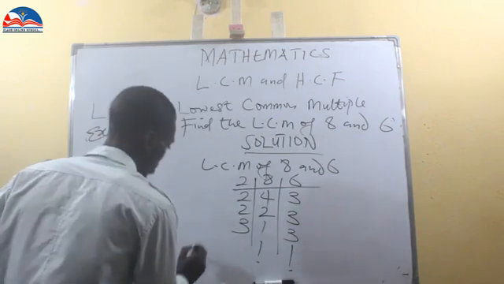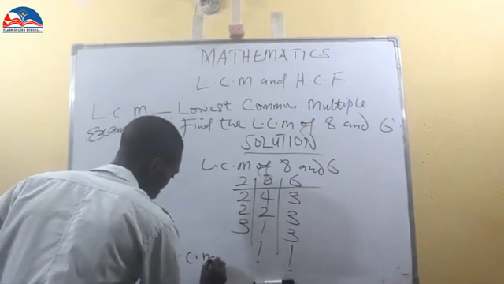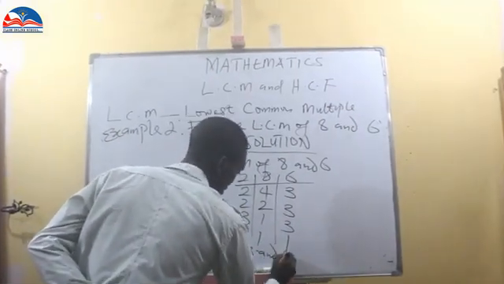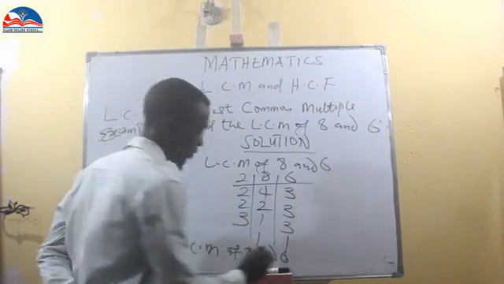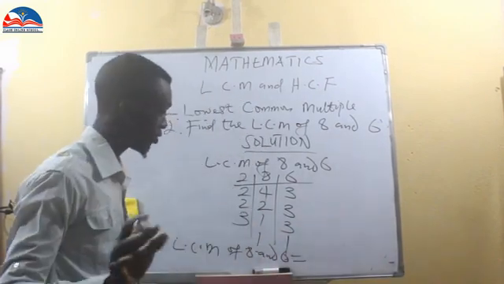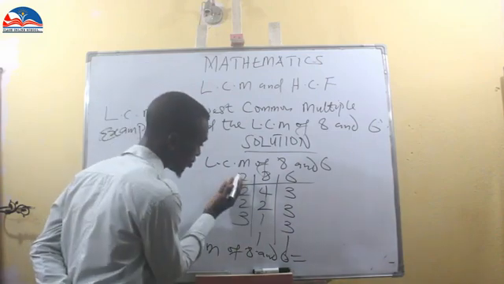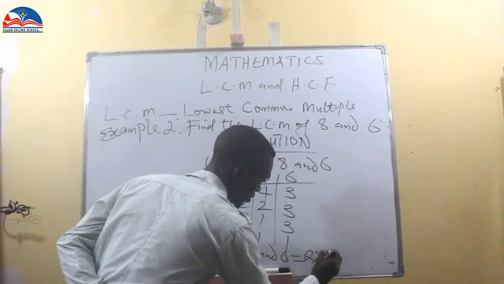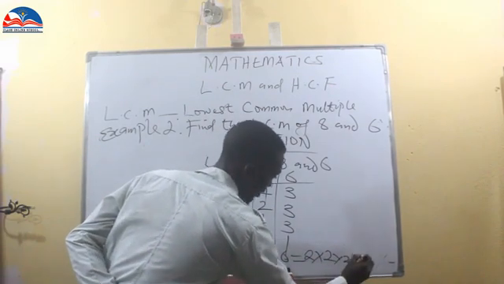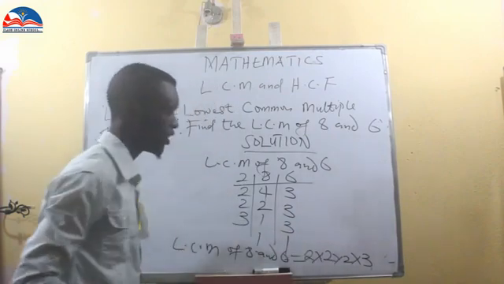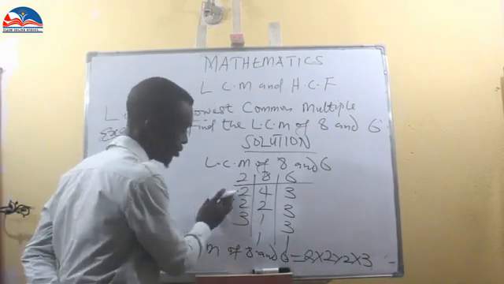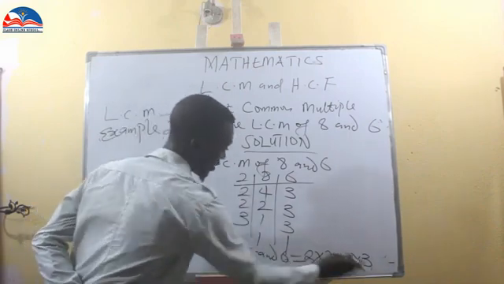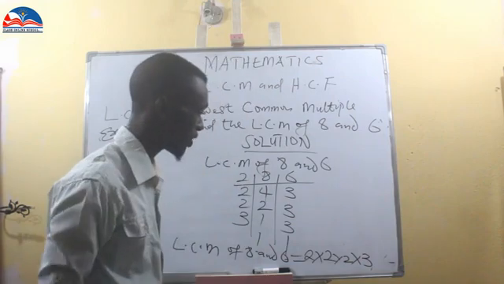Now, the LCM of 8 and 6 will be equal to, you see my procedure, you follow it like that: 2, 2, 2, 3, which is 2 times 2 times 2 times 3. Is it understood?